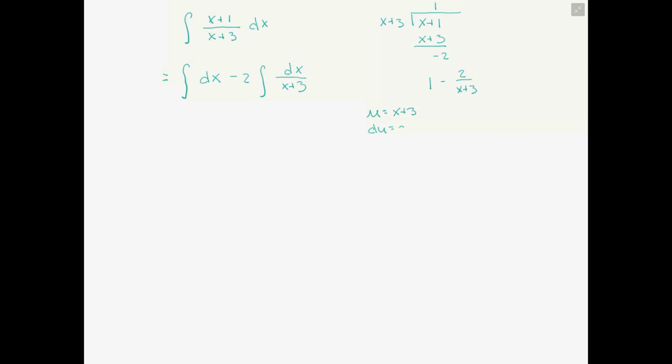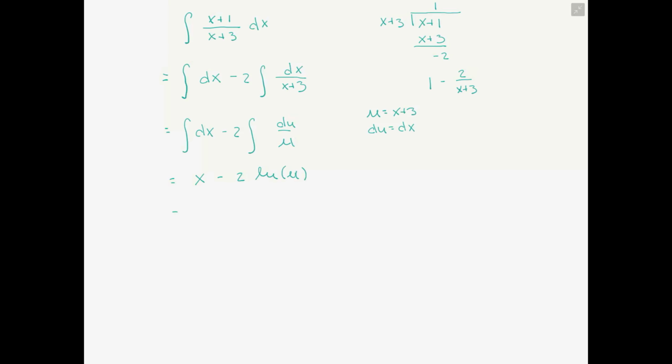So that is broken up into two integrals, dx minus 2 dx over x plus 3. And then we use a u substitution. u equals x plus 3, du equals dx.